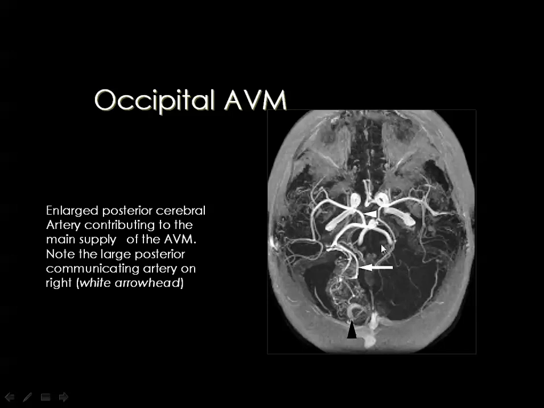And you also note that the posterior communicating artery is dilated compared to the left side, denoting its share in this blood supply. And if you have the rest of the images, you can see the drainage to the transverse sinus, for example, and you can provide all the needed information.